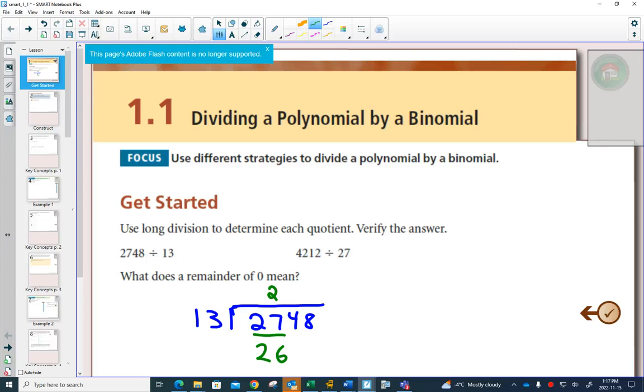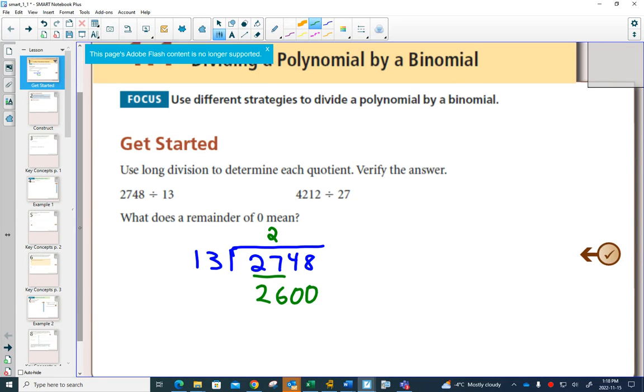And technically, 200 times 13 is 2600. So we would know that when we divide this by 13, it's going to be 200 and something. If you did 200 times 13, that would take up 2600. And if we subtracted, you'd be left with 148.